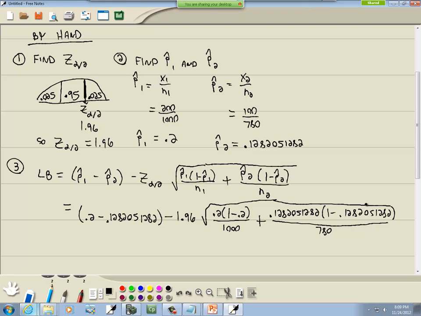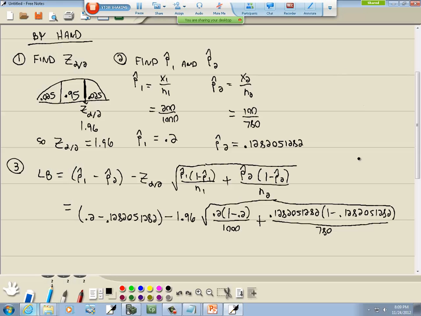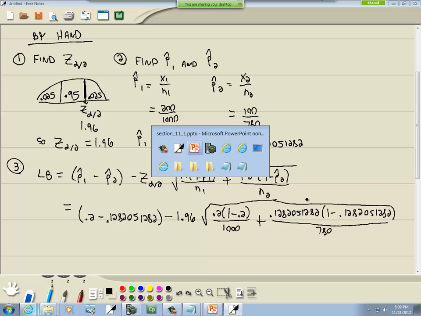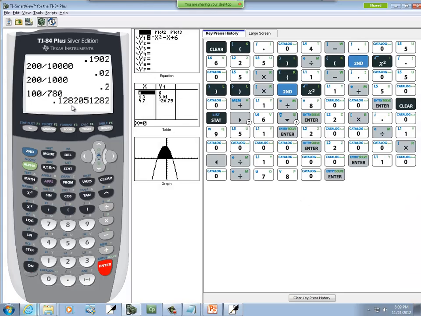Okay. Now I probably have that value stored right here. So I'm going to press my store button, and I'm just going to press my X key. I'm going to store it in X and press enter.